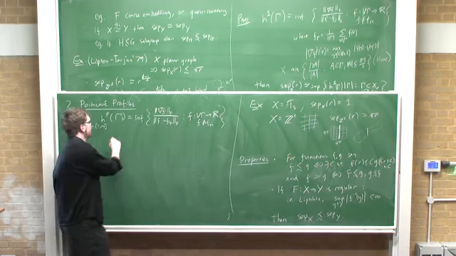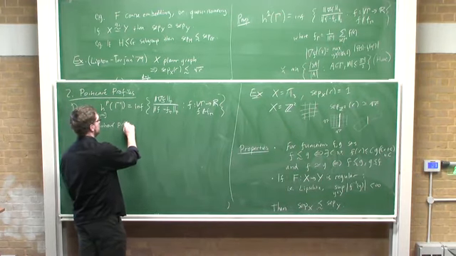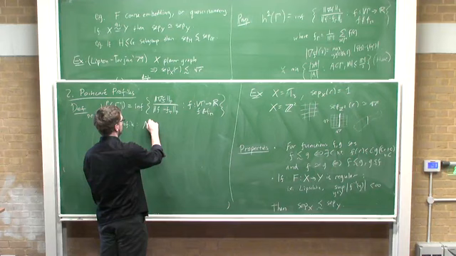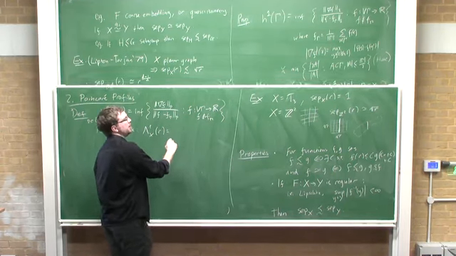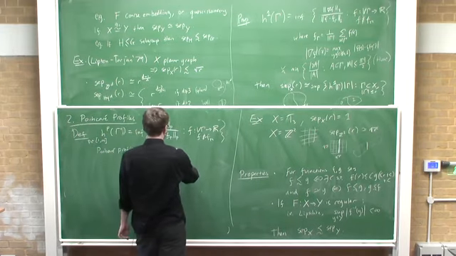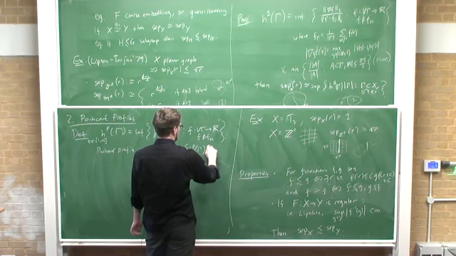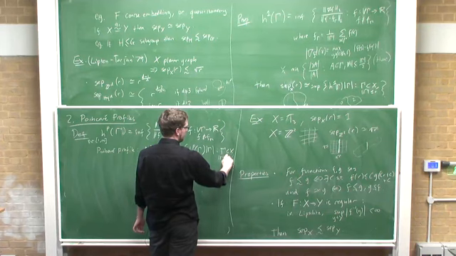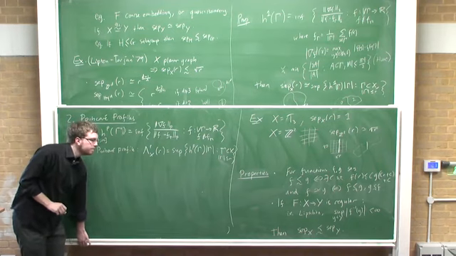Okay, and then we can define the Poincaré profile to be the sup over all subgraphs gamma of size at most R.